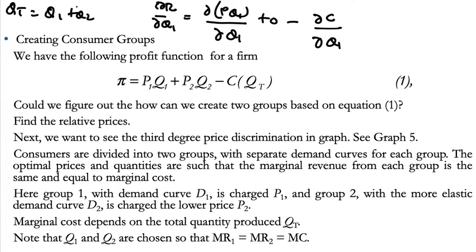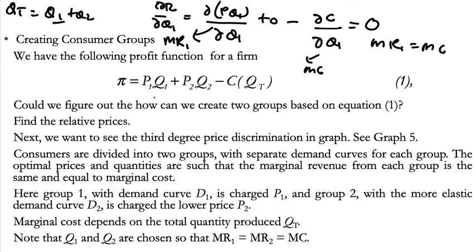Remember, QT consists of Q1 and Q2. That's why you can differentiate it with respect to Q1. Now, to maximize profit, what should you do? This is the first order condition when you equate it to 0. That means marginal revenue for group 1 is this, and this one is marginal cost. Then they must be equal.